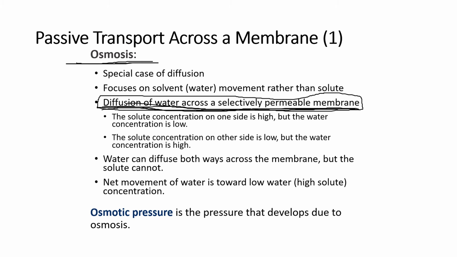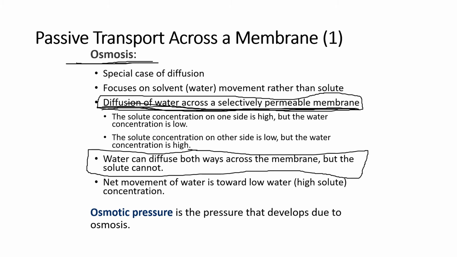The reason osmosis happens is this right here. So water can cross the membrane through aquaporin, but the solute cannot. So osmosis will happen when the solute cannot move. Water will move instead to try to balance out the concentration.